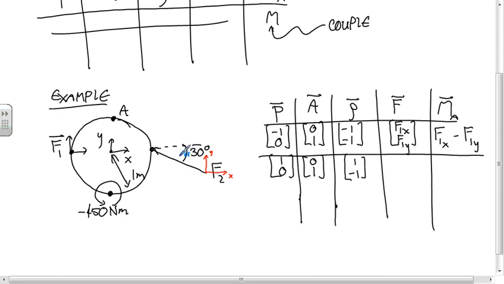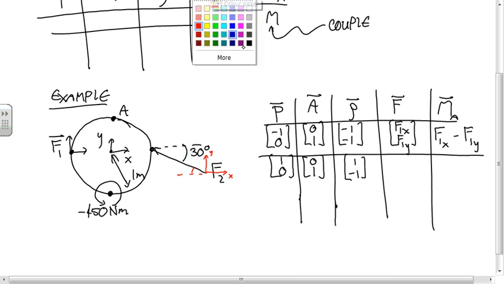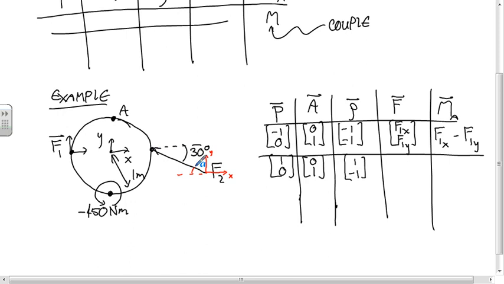So this is also 30. So you can use 150 degrees. Or you can just use the fact that it's in the second quadrant and you know this angle. But you're going to get negative 0.866 F2, positive 0.5 F2.